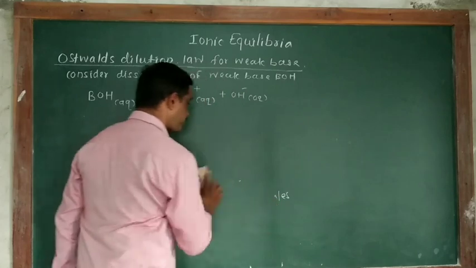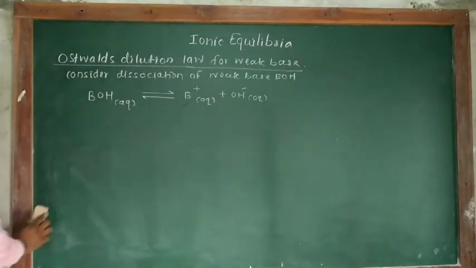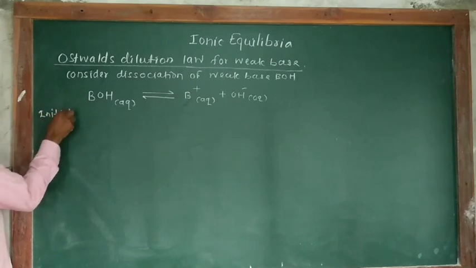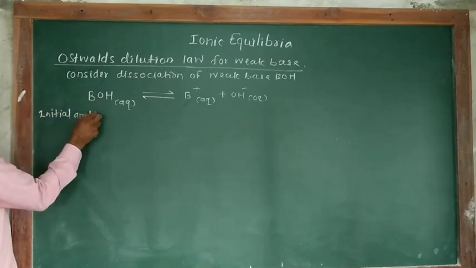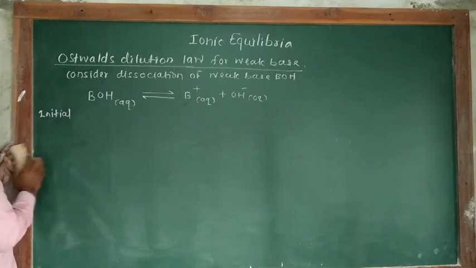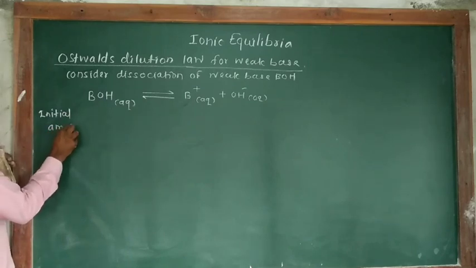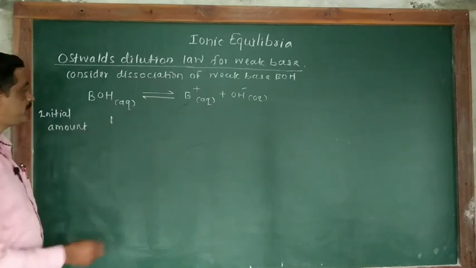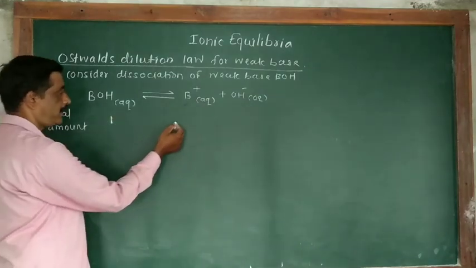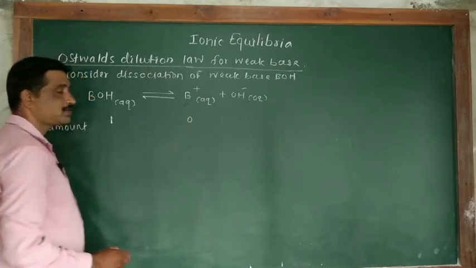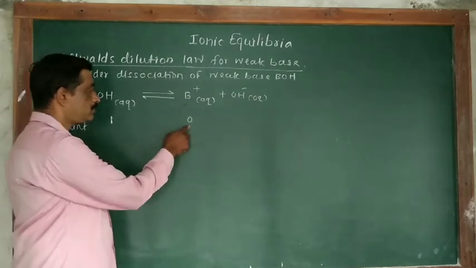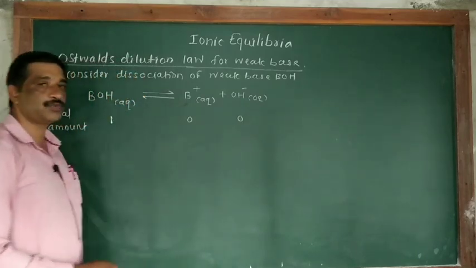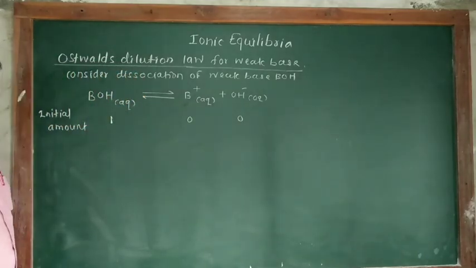So for this weak base, consider the initial amounts. Initially, the moles of base BOH taken is equal to 1. At time t equal to 0, there is no formation of any ion, so the initial moles of B plus ions is 0. Initial moles of OH minus ions are also 0.